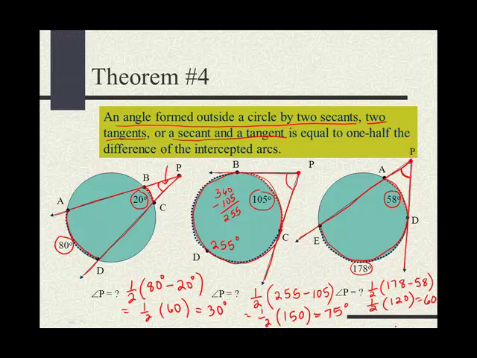We'll review in class these theorems, but just for your own benefit as you're working through practice problems, remember that if the angle is inside the circle, then it's half the sum of the intercepted arcs. If the angle is on the circle, it's just half of that arc. And if the angle is outside the circle, as in this last example, it's half the difference of the arcs.